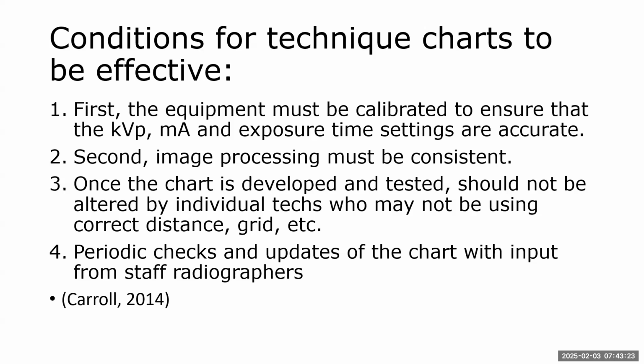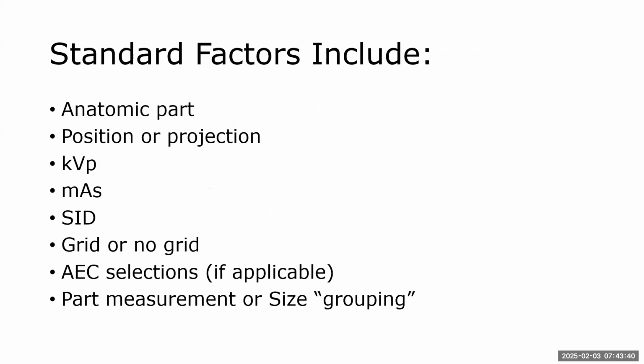So then they can do some testing and say, yeah, maybe that technique does need to be adjusted, but don't just do that on your own. Periodic checks and updates of the chart with input from staff radiographers, that's what I'm talking about there. So if you see that it's not working consistently, then y'all can make some changes.